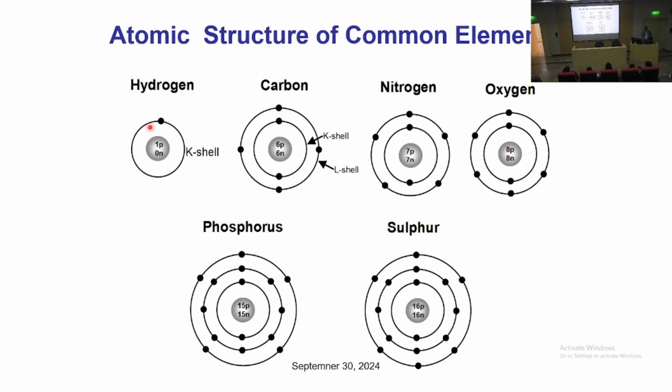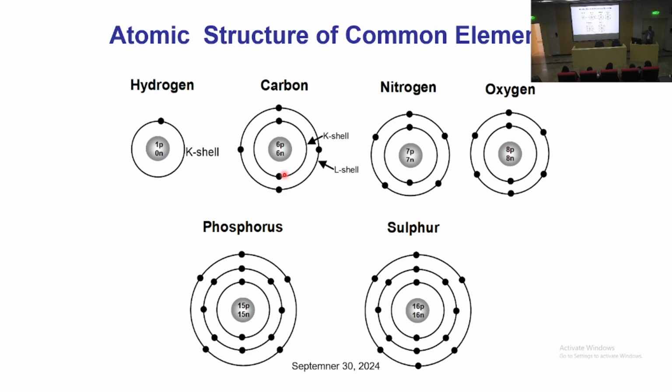The first layer of the atom, we call the K shell. We will talk about different kinds of shells in the upcoming slides. Usually we have an equal number of electrons and protons, so for hydrogen, it is 1. For carbon, we have 6 protons, 6 neutrons, and 6 electrons.